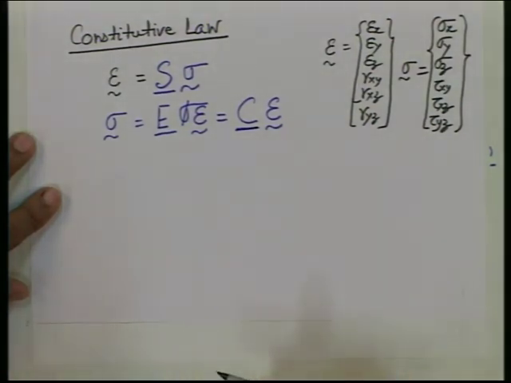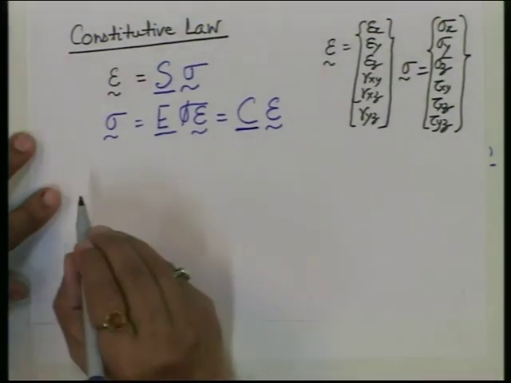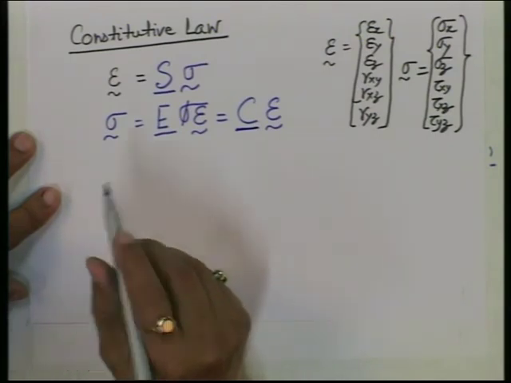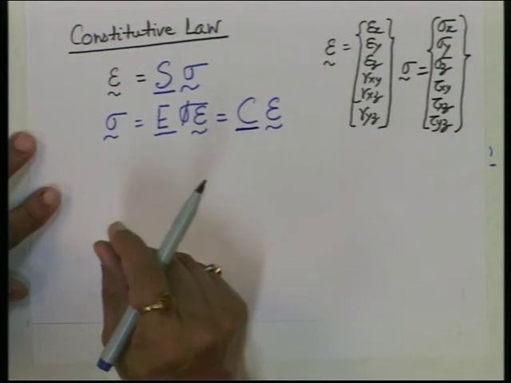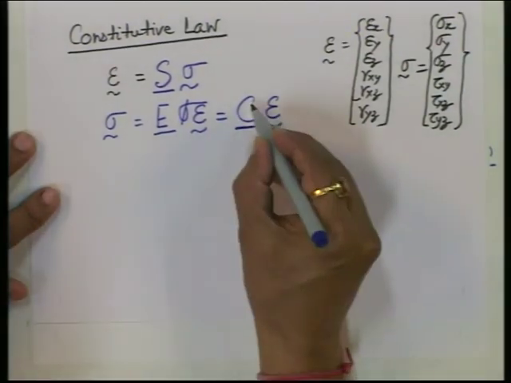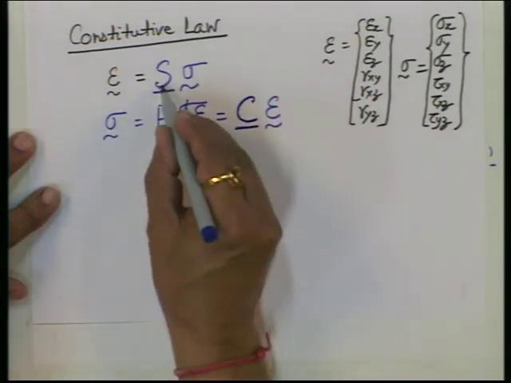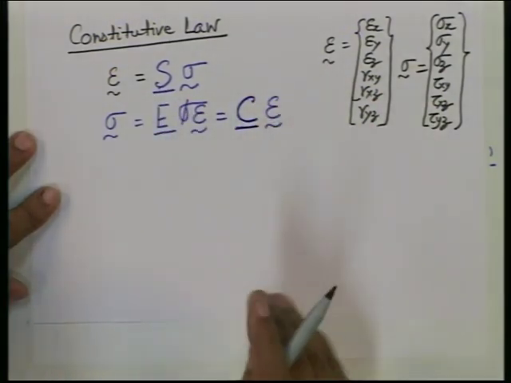Inverse of S. That will be similar to the stiffness of the material. So, this is called the stiffness matrix. This is not easy to derive directly. We always write down S and then invert, to get the C matrix.